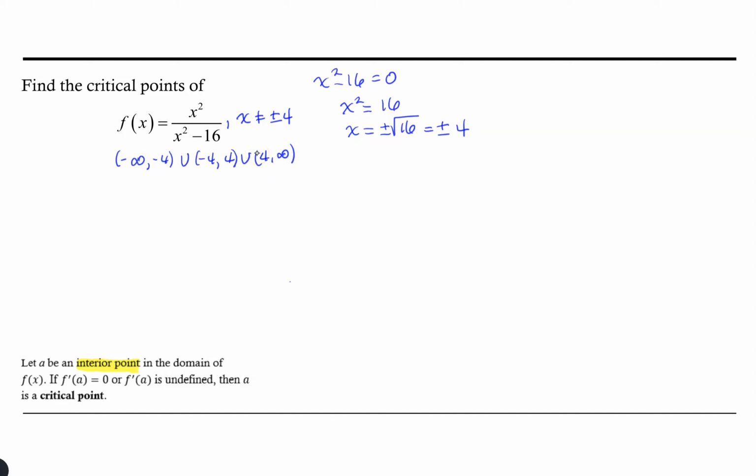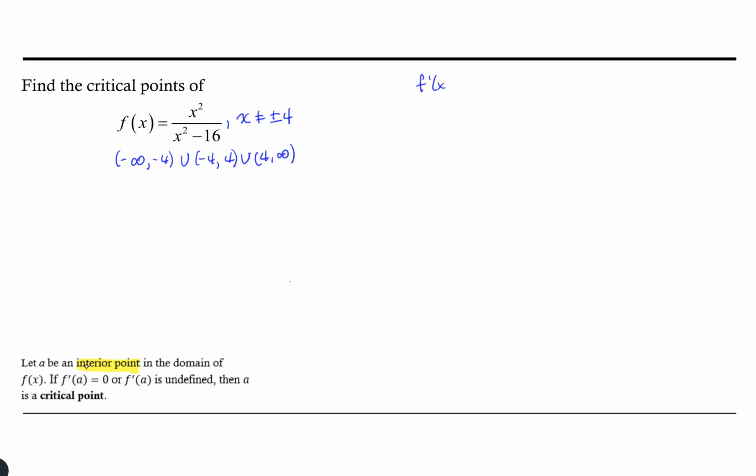Let's go ahead and take a look at finding the derivative here so we can potentially find critical points. Now, since this is a rational function, it looks like a quotient, I'm going to go ahead and use the quotient rule.